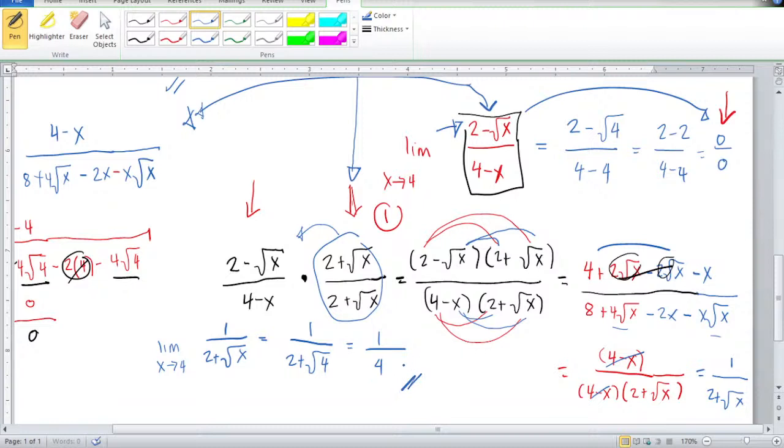Can you follow? Okay, I'm sorry about that. We have to simplify. That's why we went back to 0 over 0, because we did not simplify. We really have to check it. So that's why the answer is 1/4. Our conjugate was correct, we just did not simplify.